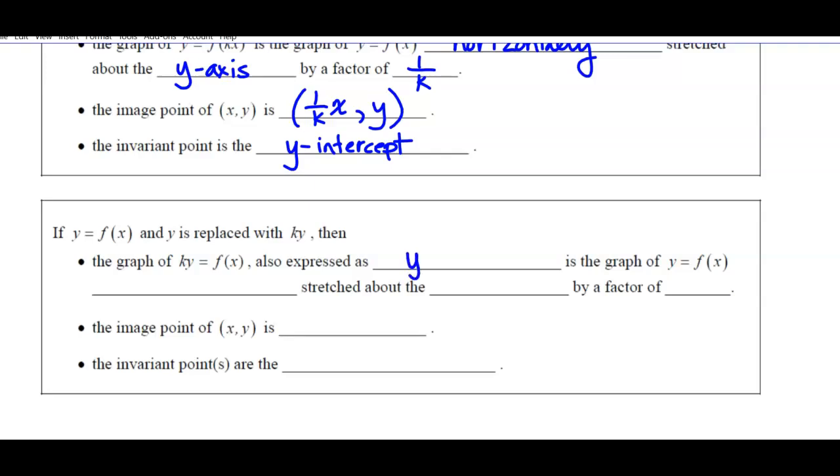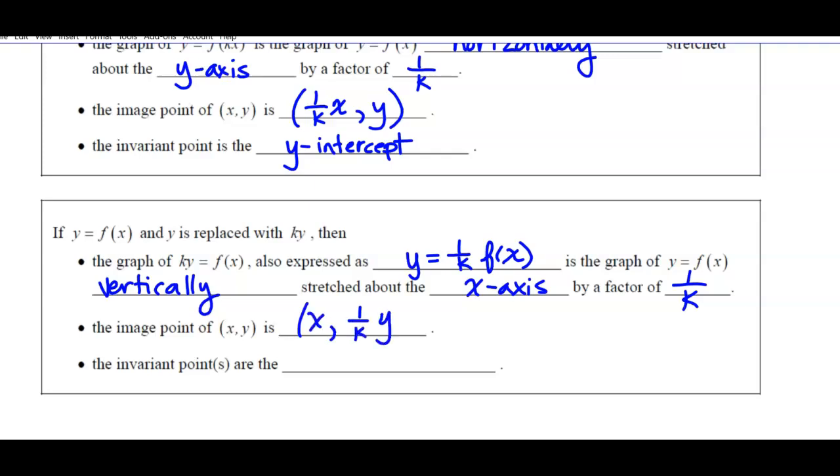So this is going to be y equals 1 over k f of x. This is vertically stretched about the x-axis by a factor of 1 over k. So now your x stays the same, and 1 over k y.